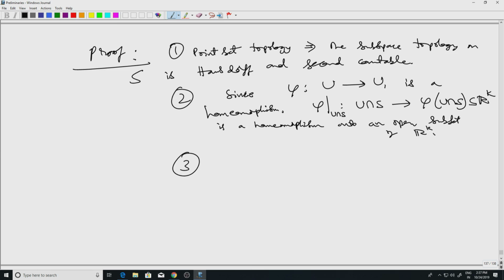two such charts which intersect. Suppose U alpha intersection S, this is one chart, and U beta intersection S is not empty.